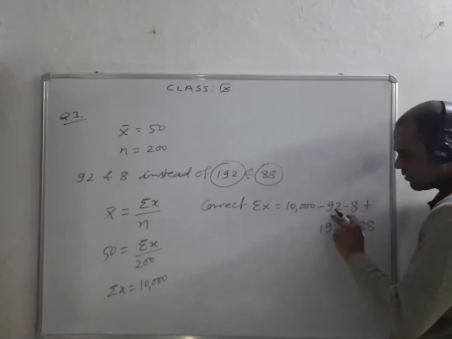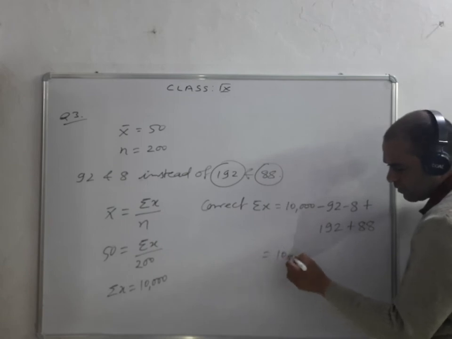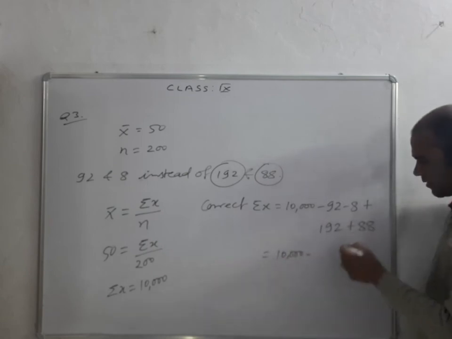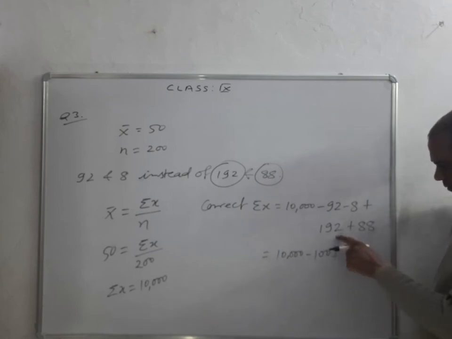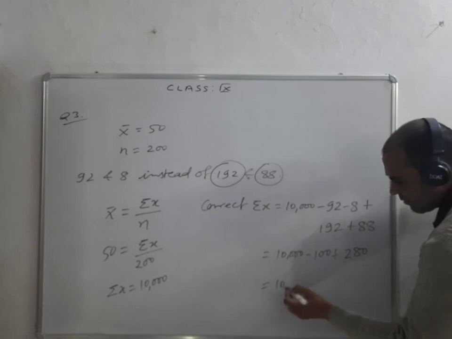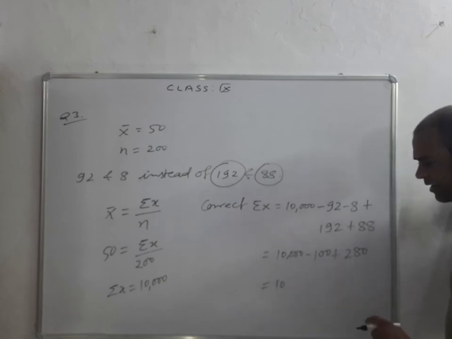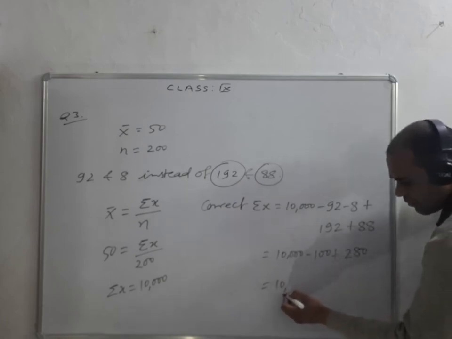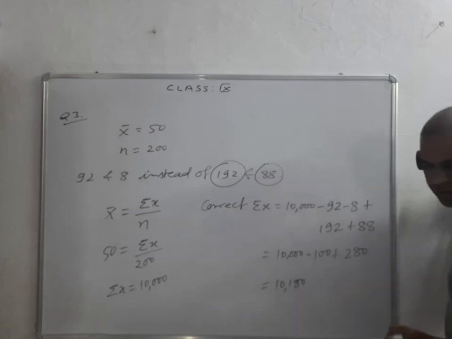Subtract these and add those, so 10,000 minus 100 plus 280, whose sum is 280, and the difference of 10,000 and 100 is 180, so 10,180. 10,180 is the correct sum.